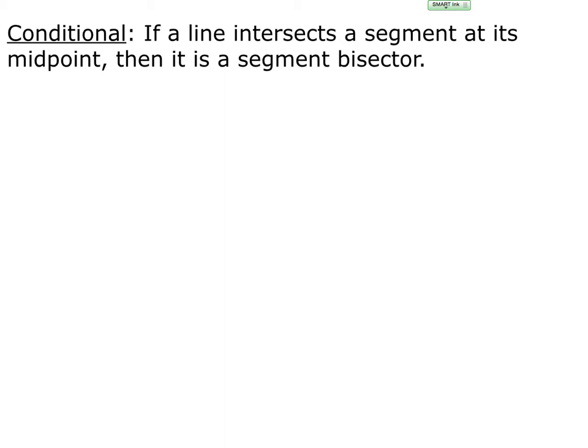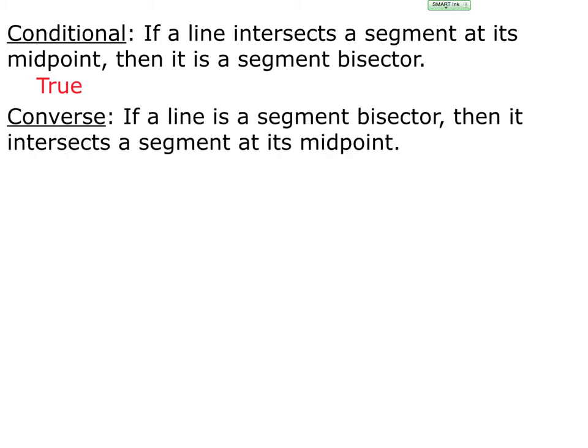True or false? And I have a feeling I put the true or false after each one. So that one is true. True, okay. The converse, when you switch the order: if a line is a segment bisector, then it intersects a segment at its midpoint.